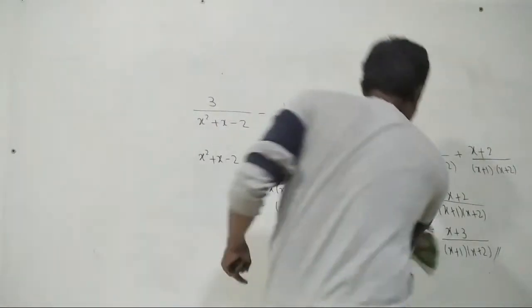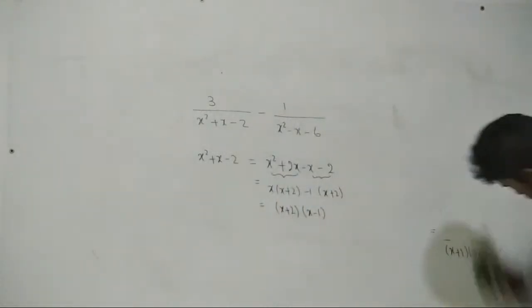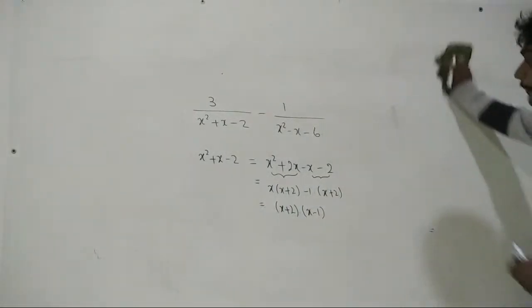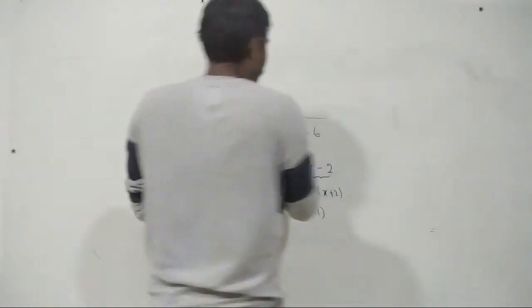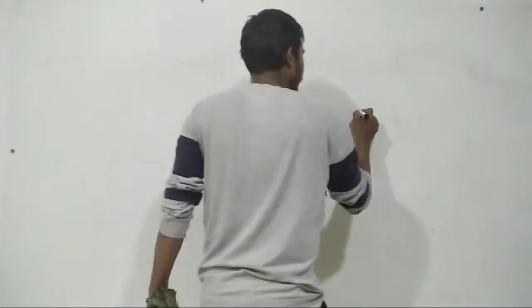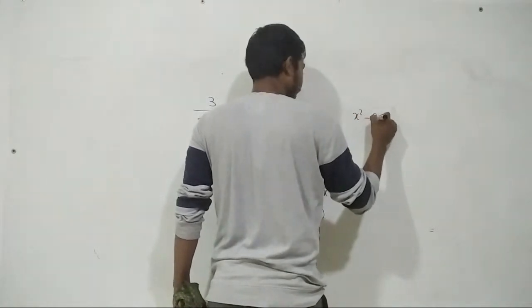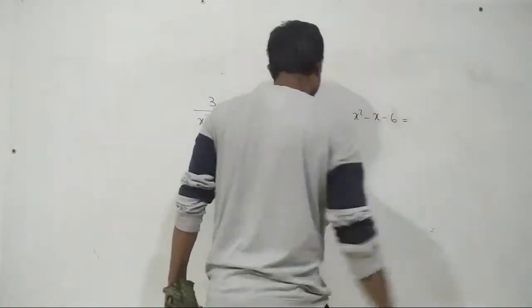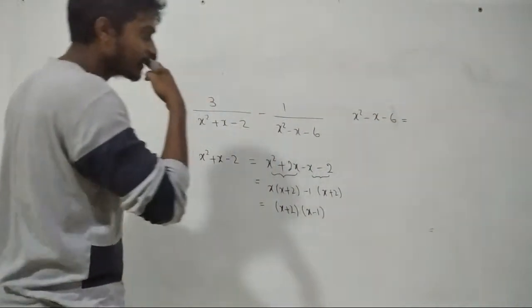Similarly, let's think about x squared minus x minus 6. So the factors of x squared minus x minus 6 will be, you have x squared minus x minus 6, right?